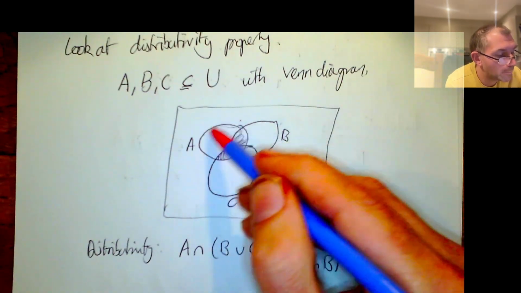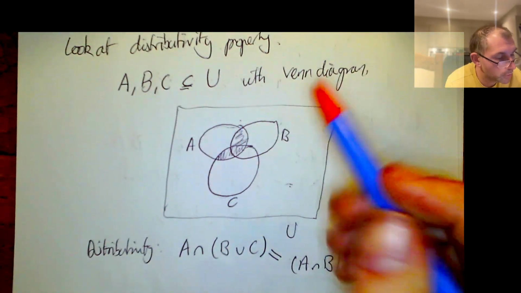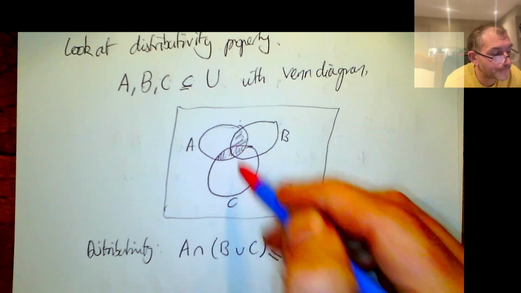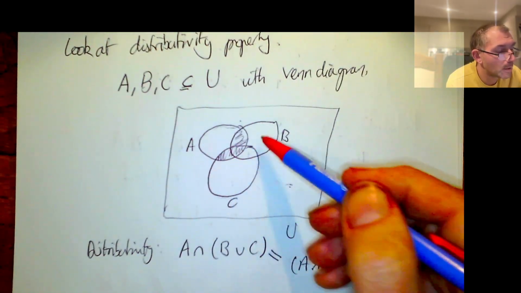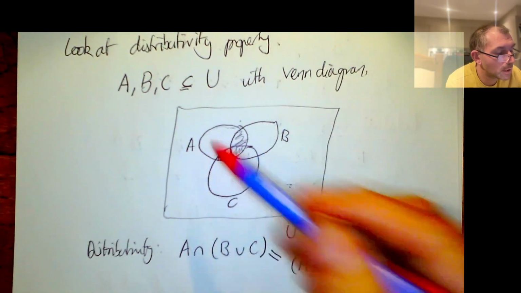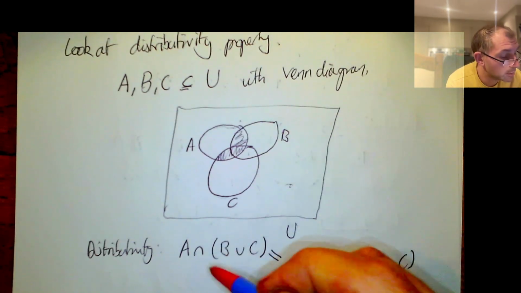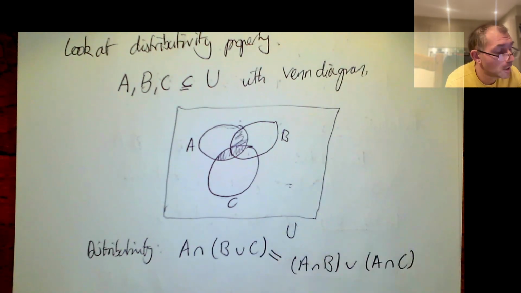Right? So everything here is in A, which is good, and it's also in B or it's in C. But any other part of the picture is not going to work. So that's the left-hand side.